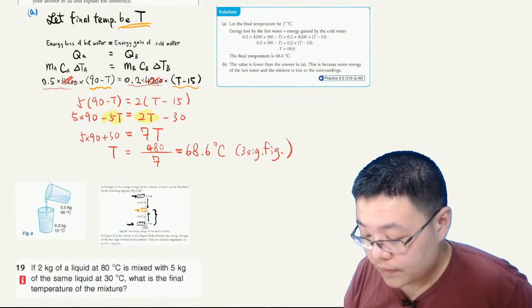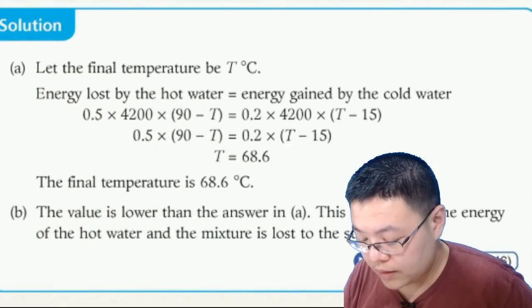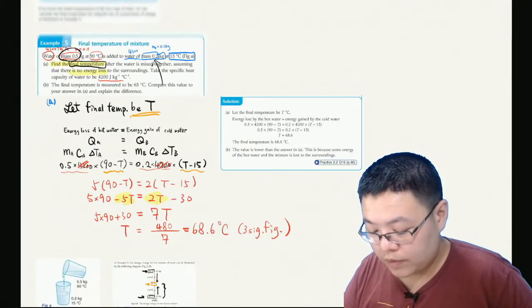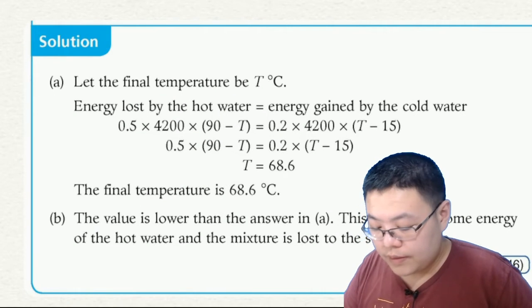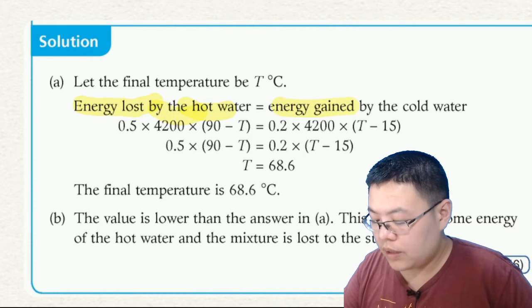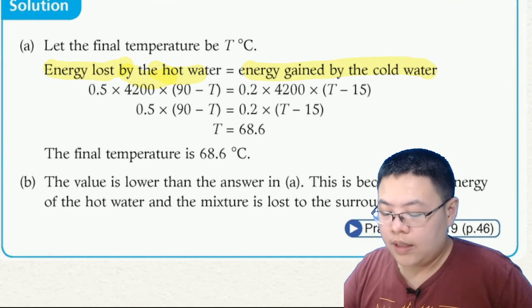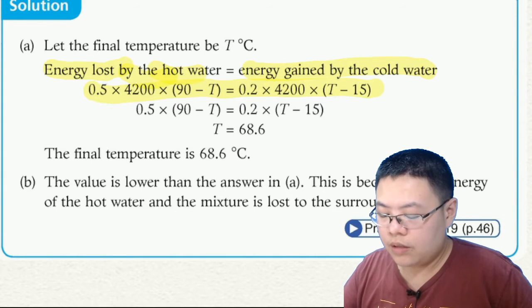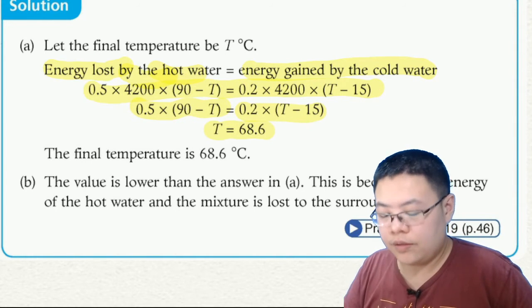Have a look here. 68.6, correct. So energy loss by hot water is equal to the energy gain by cold water, and then you obtain the equation, simplify it, and obtain the final value.